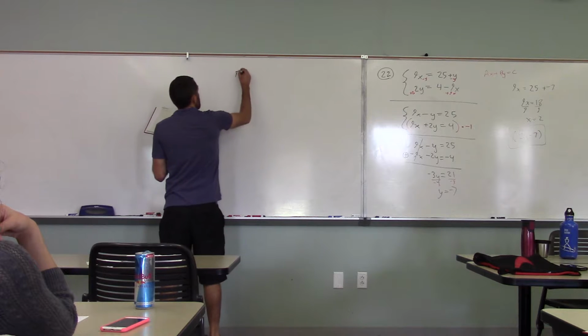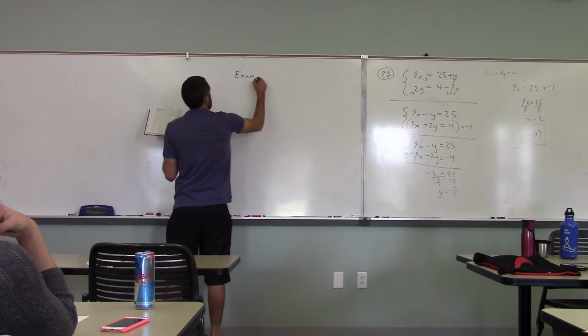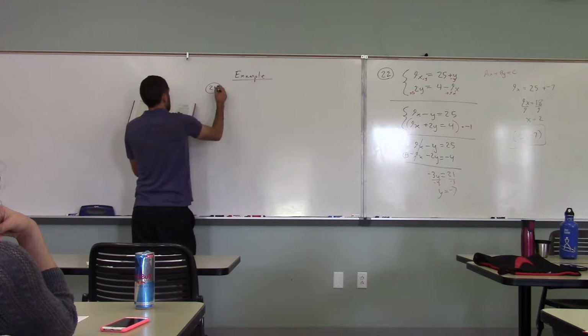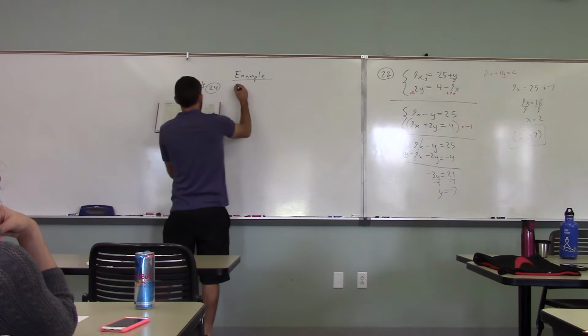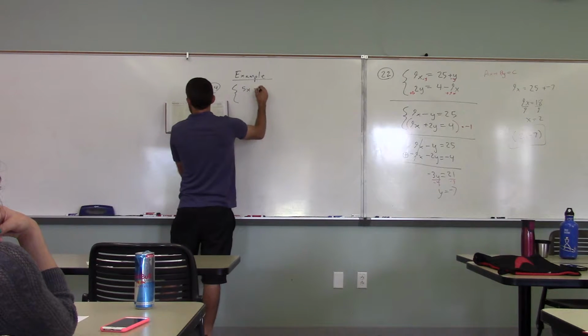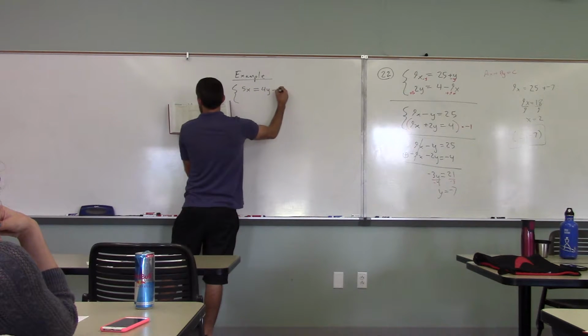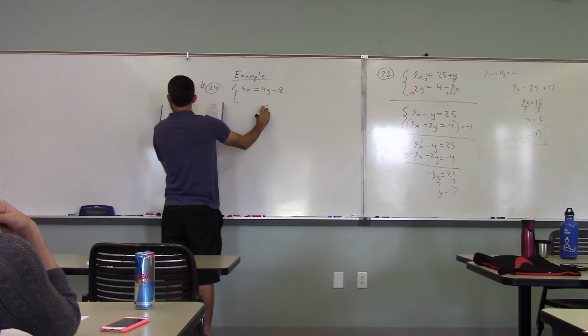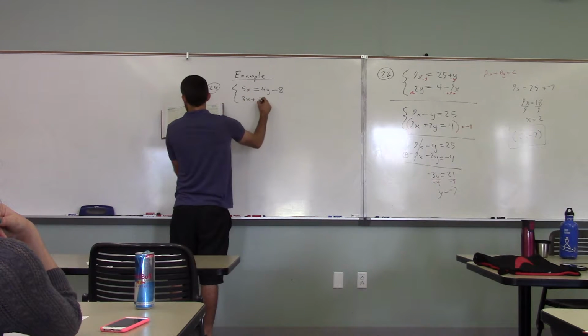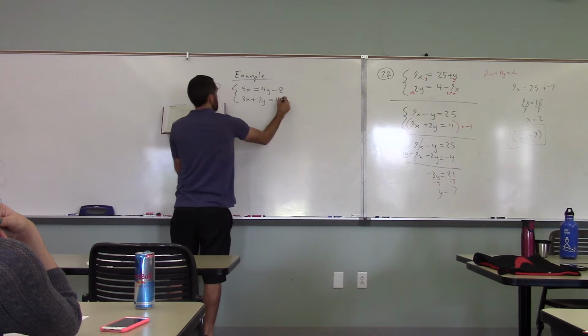Okay, so here's my example problem, number 24: 5x equals 4y minus 8, and 3x plus 7y equals 14.